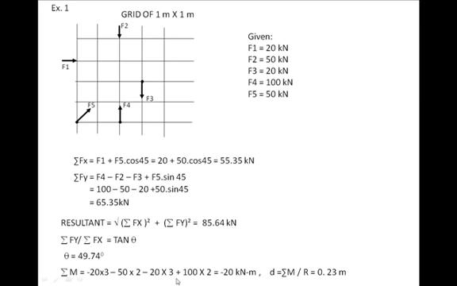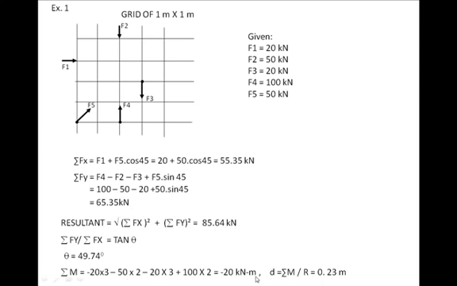Again, all these are clockwise, so we put a negative sign. Then you have 400. See, the magnitude is 100 into 2, this distance is 2. So 100 into 2, and you see the sign is positive because the moment of this force about this point is anti-clockwise. So we have taken positive.